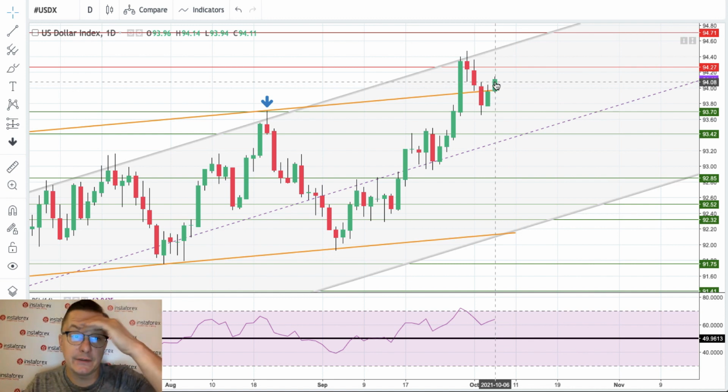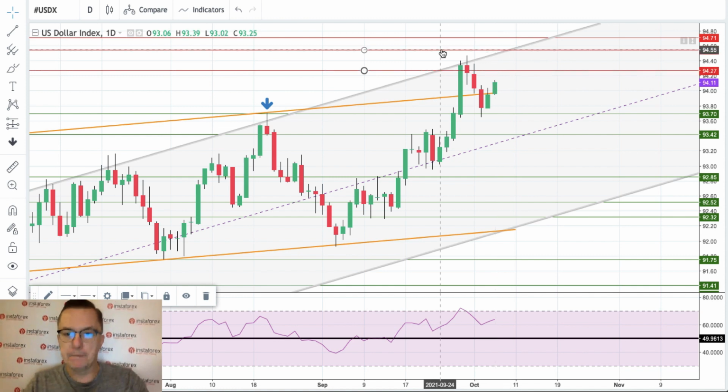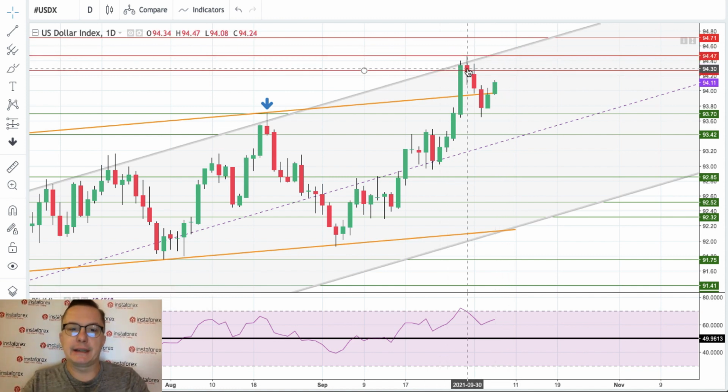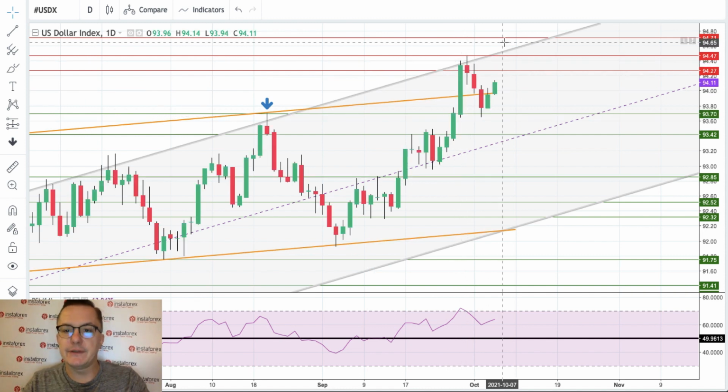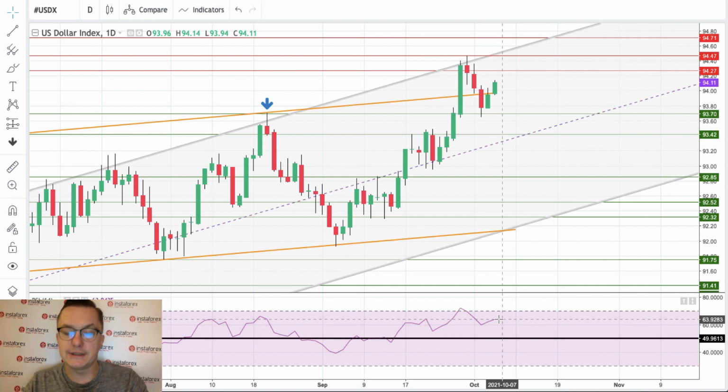Today's high is 94.14, so there's still plenty of room towards the level of 94.27. The recent high is located at 94.47, and then the next target at 94.71. The momentum is positive, a strong 63 points, so that's very nice, and the bulls are still in charge of this market.